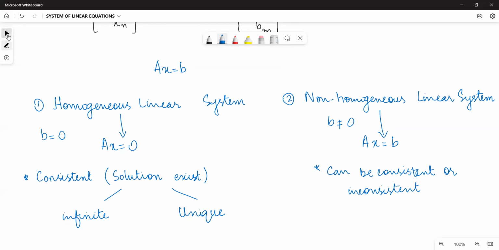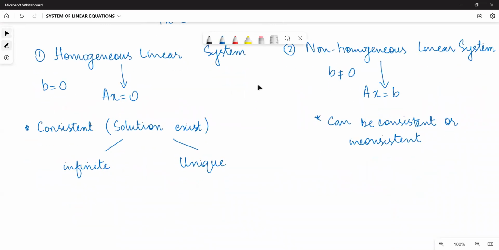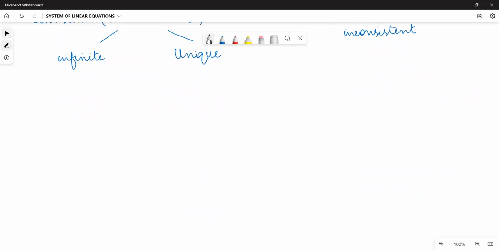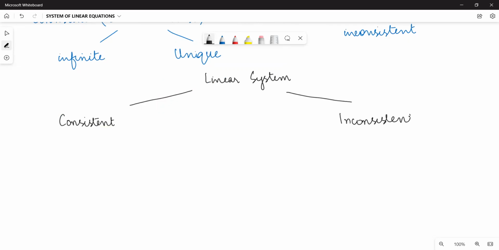So here we draw a type of chain that we can use to see what a linear system is. Our linear system is either consistent or inconsistent, and this holds for both the homogeneous and the non-homogeneous system.